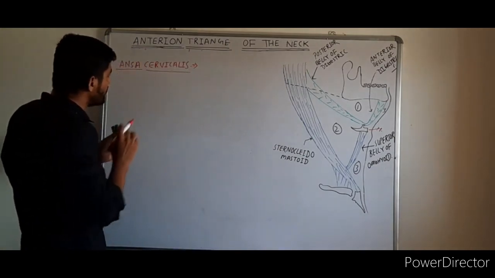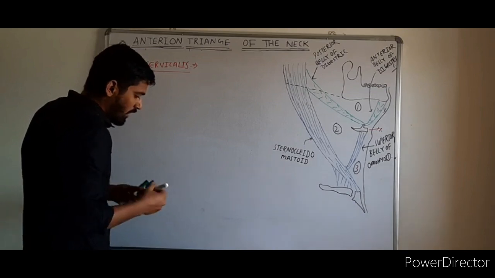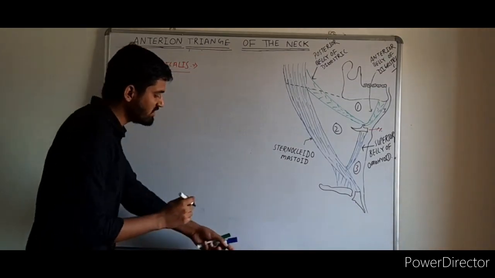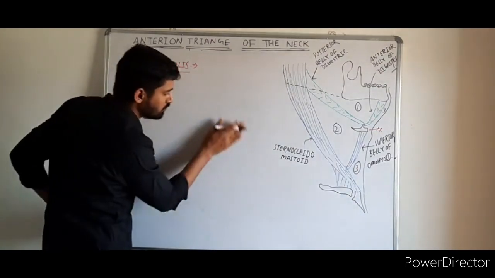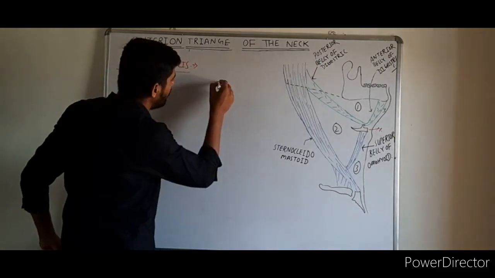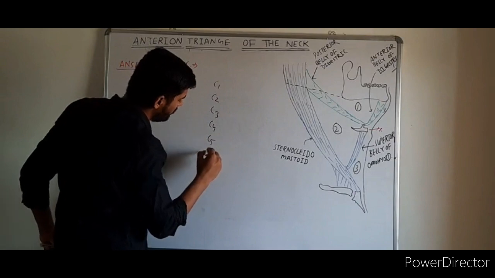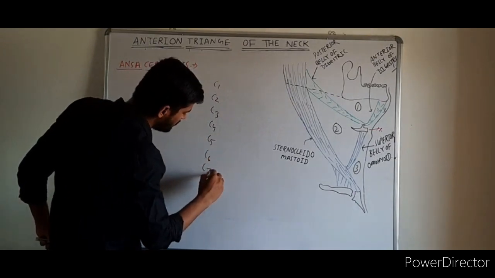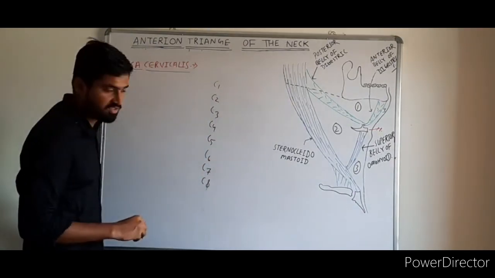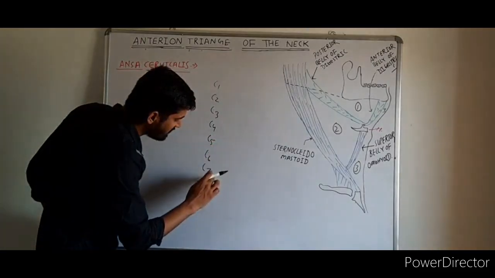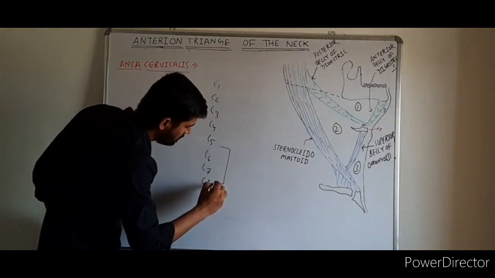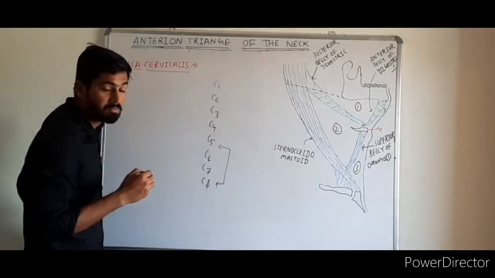Now we have to see this ansa cervicalis. Before going to the ansa cervicalis, I want to tell you about the cervical vertebrae C1, C2, C3, C4, C5, C6, C7 and C8. C5, C6, C7, C8 will form what? Brachial plexus.